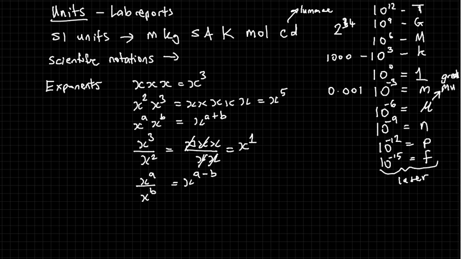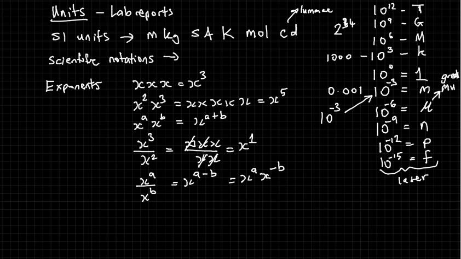And something you'll see quite often, and we actually see over here, is that we have 10 to the power of negative 3. So what do you think these negatives mean? Well, another way of writing division is actually by saying it's a negative exponent. So having over here x to the power of a divided by x to the power of b, I could equivalently write this as x to the power of a times x to the power of negative b.